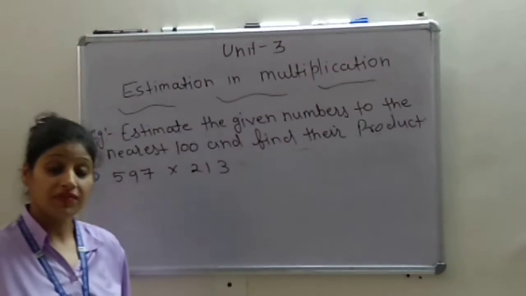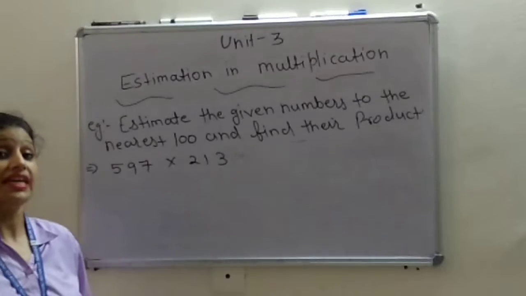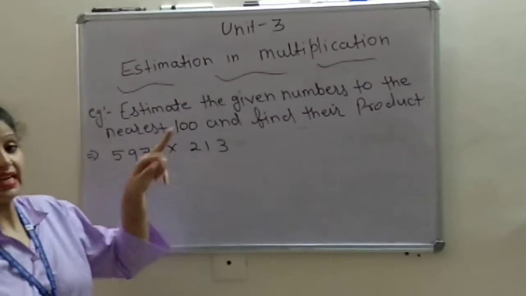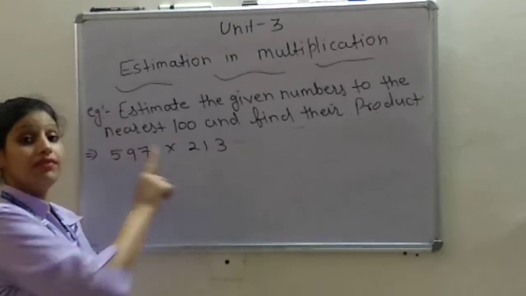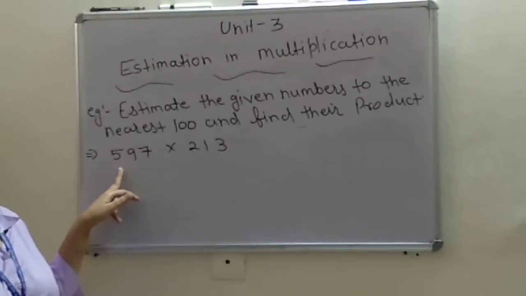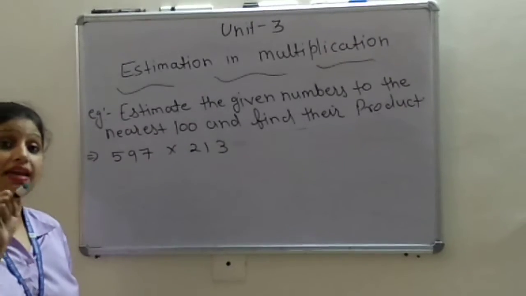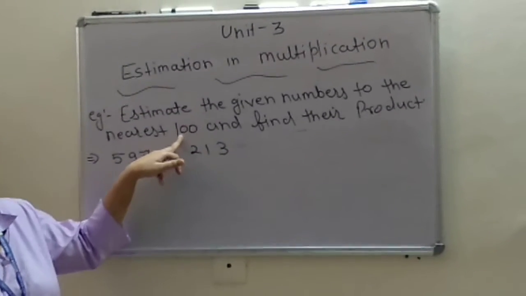Now, after learning the rounding off or the estimation to the nearest 10, we will do the rounding off to the nearest 100. Now, I have taken one more example. We have to multiply 597 by 213, but with their estimated values to the nearest 100.